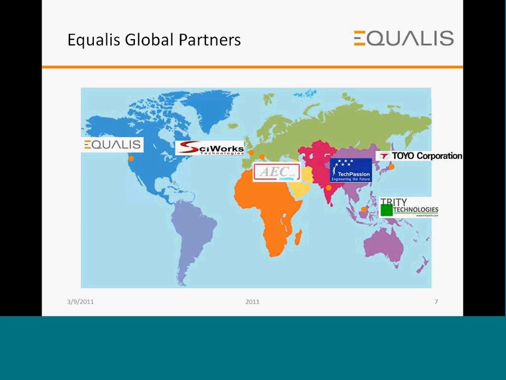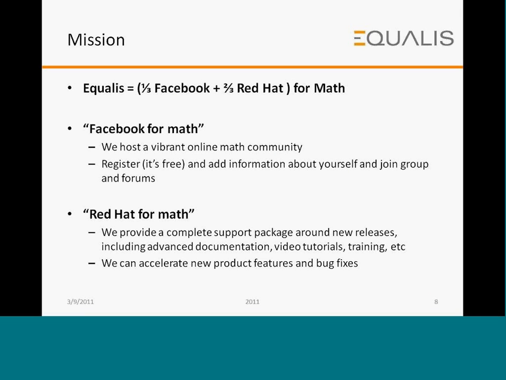As you can see on this map, TechPassion is the partner of Equalys in India to support Scilab users in India. Equalys, you can think of it as a combination of Facebook and Red Hat. Facebook brings together a community of people who want to be in touch.